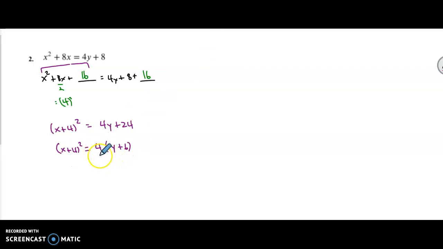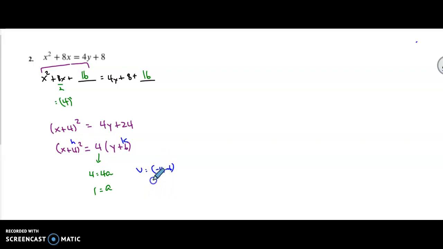Again, 4 represents 4a. So again, a is equal to 1. The vertex, and let's make this blue. Okay, the vertex is going to be at h comma k. So at -4, -6.